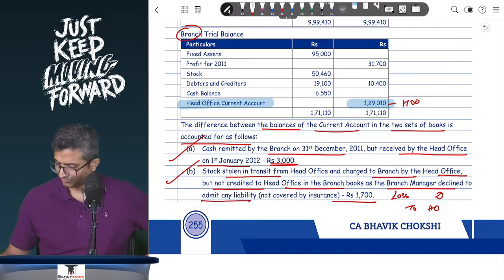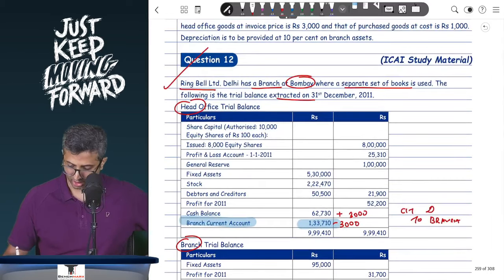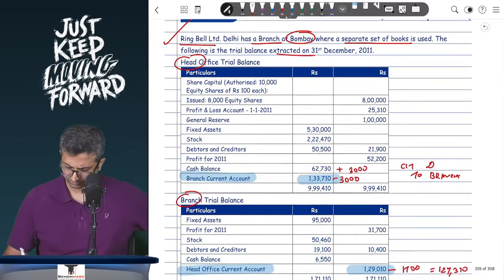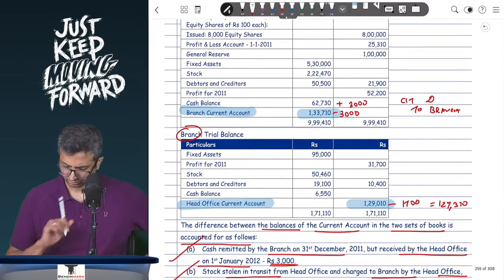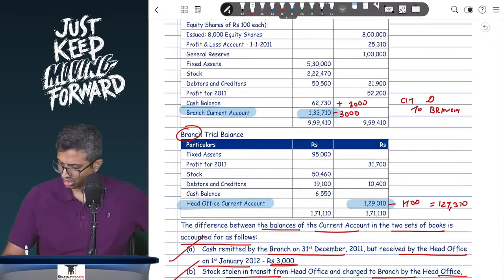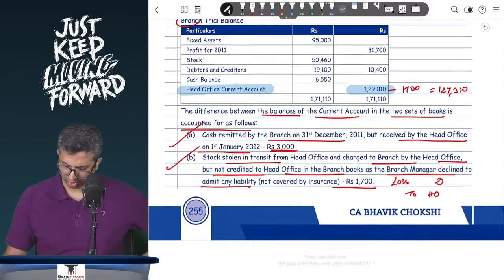So 129,010 minus 1700 is 127,310, and over here 133,710 minus 3000 is 130,710.